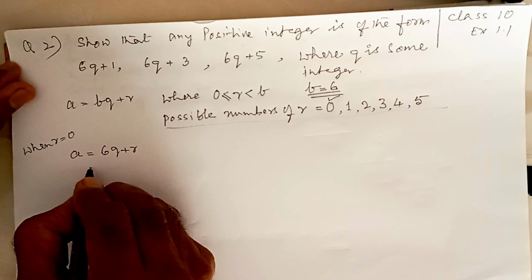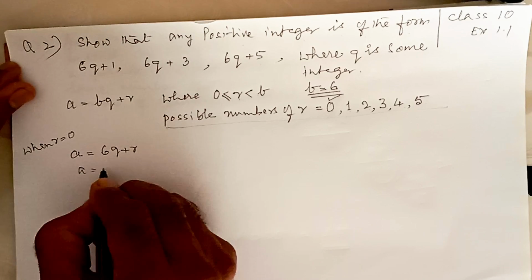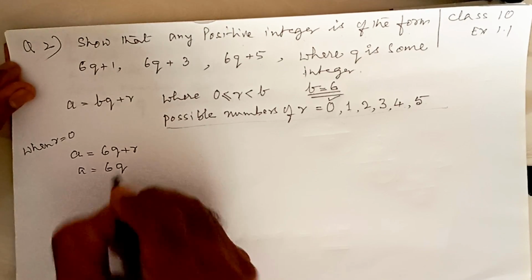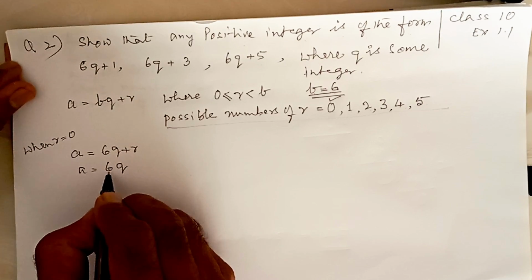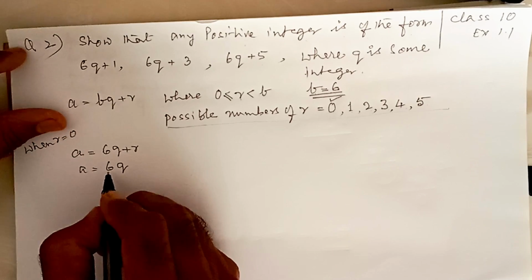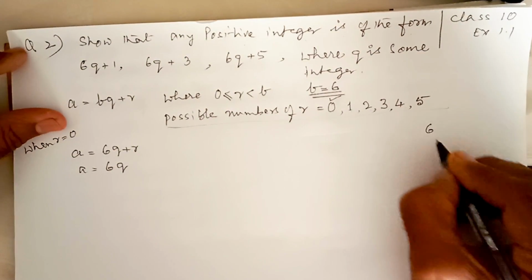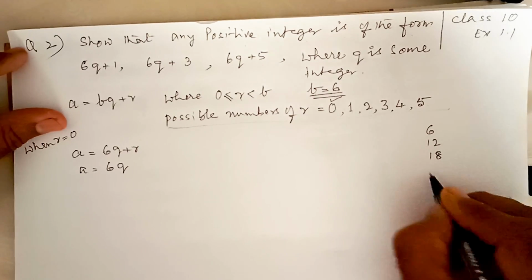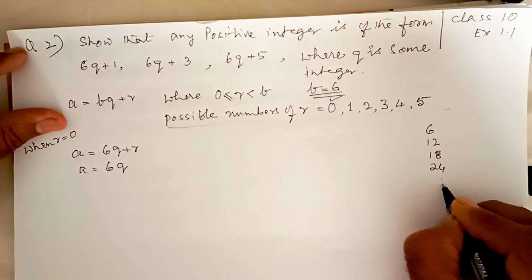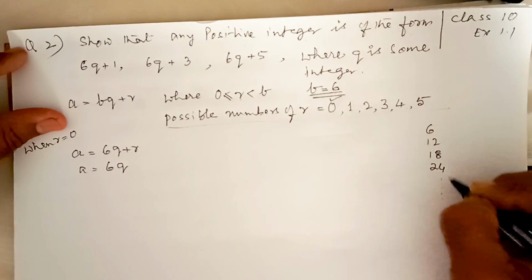In this case, a is equal to 6q. And we know that in the table of 6, you always get even numbers. Example, 6 ones are, 6 twos are, 6 threes are, 6 fours are. Likewise, you get all even numbers.